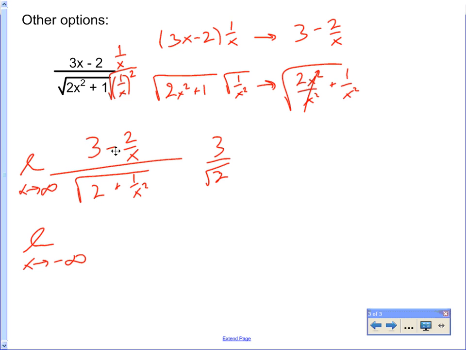now as I put negative infinity into this, I'd have 3 plus 2 over a big number, which is still going to be 3 plus 0.